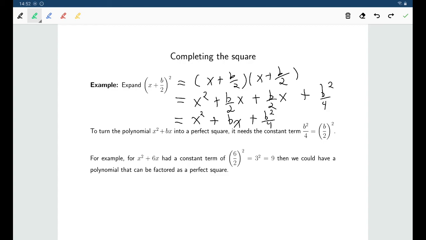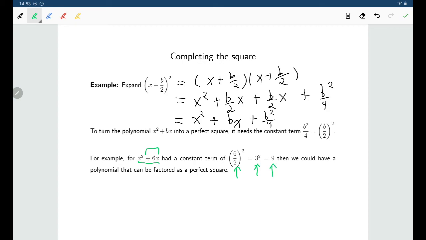And you'll notice that when you get your perfect square, the perfect square is x with whatever the coefficient was cut in half. So if you're thinking about something like x squared plus 6x, if we wanted to complete the square, the constant term you would need would be taking this positive 6, cutting it in half, and squaring it. So positive 6, cutting it in half, gives you 3. And 3, when you square it, gives you 9.